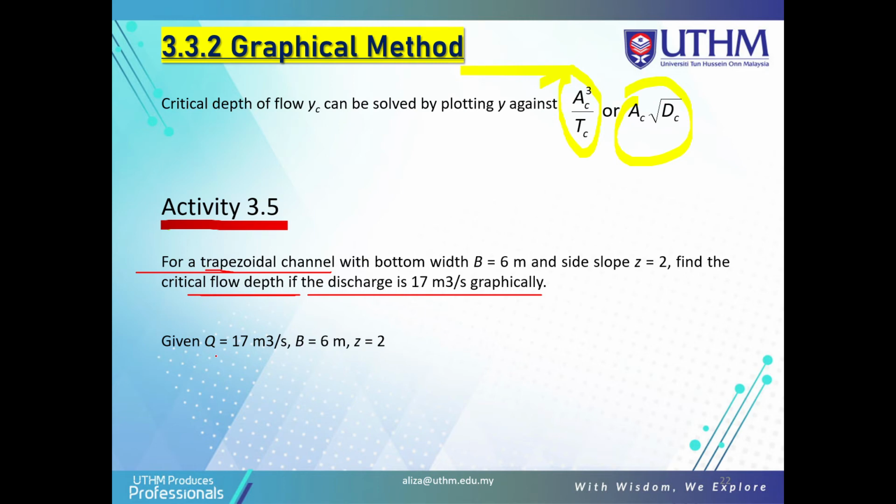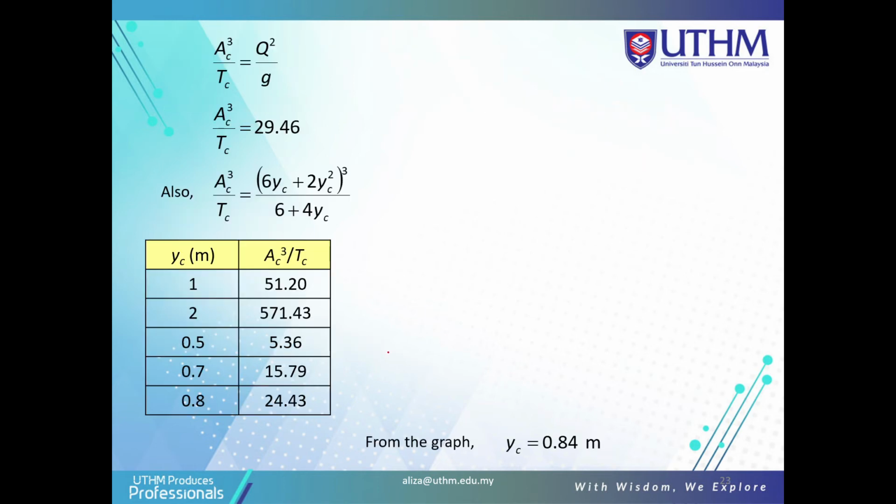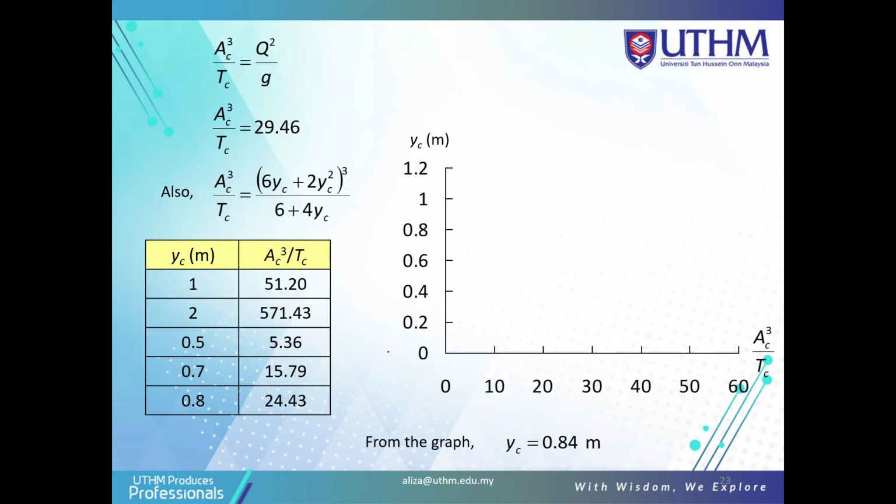So you are given data here. You must use this all formula section, and you must find the value here until you get Q to the power of 2, you get the value of 29.46 here.